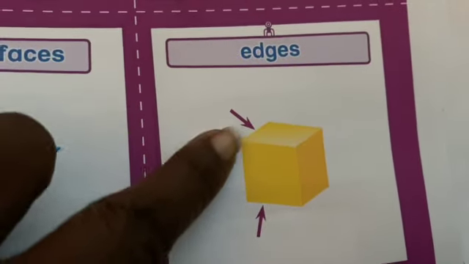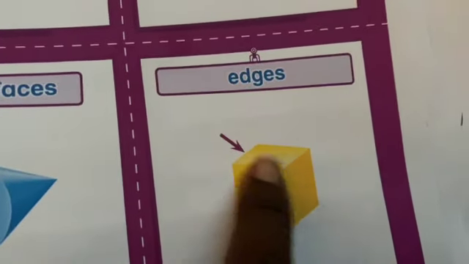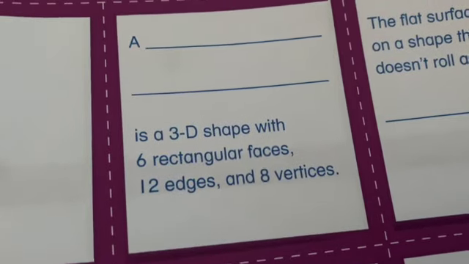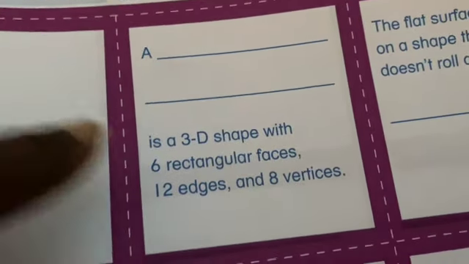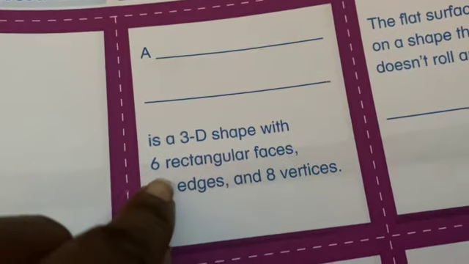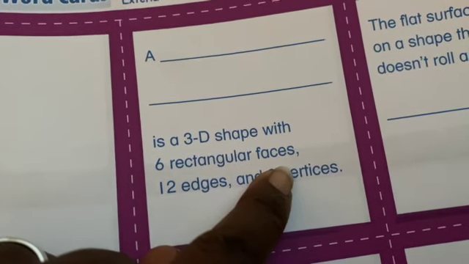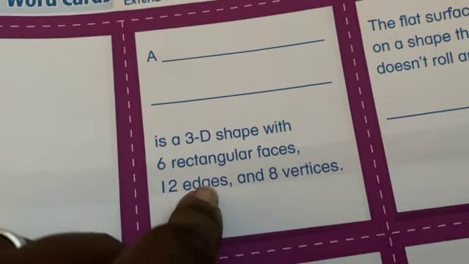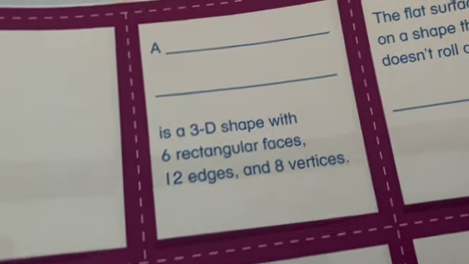An edge, okay, an edge. So these two faces come together, creates an edge. Okay, a blank is a 3D shape with 6 rectangular faces, 12 edges, and 8 vertices.